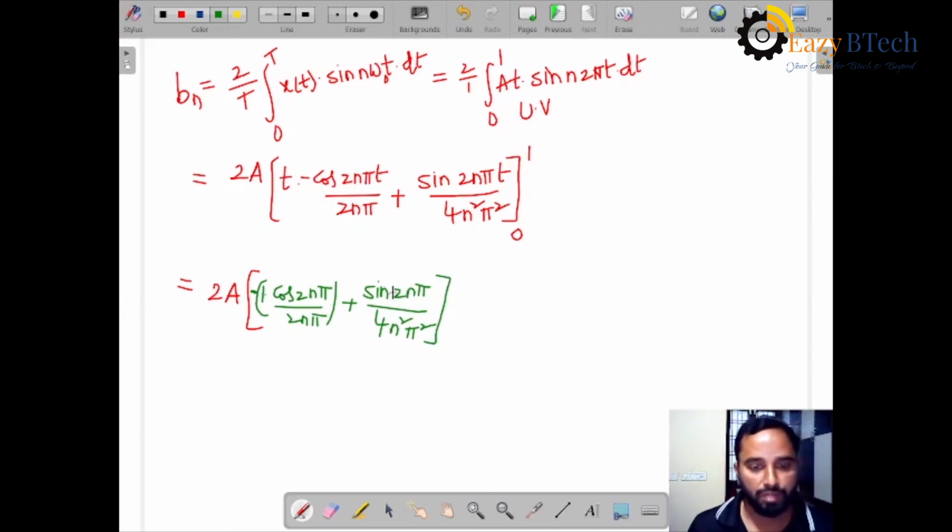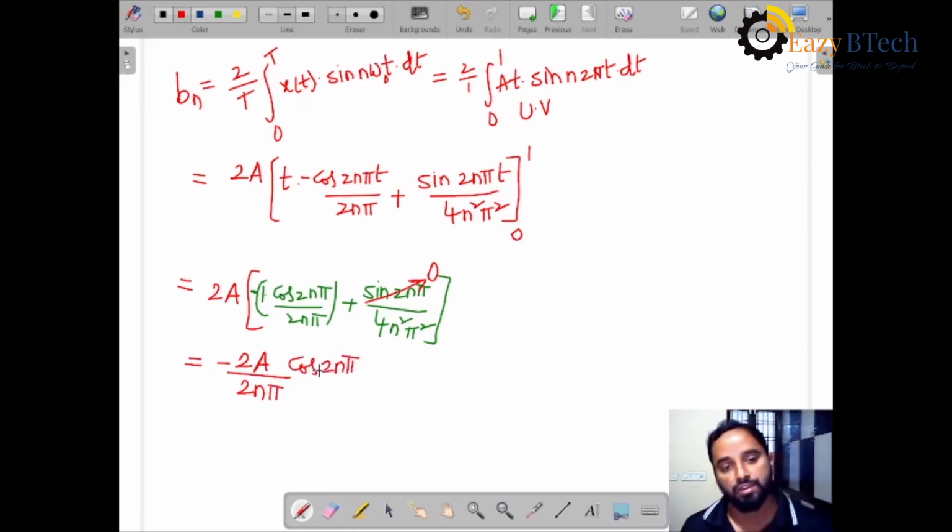Now sine 2n pi is 0, so this will be 0. Now we only have this one. So it is equal to minus 2a by 2n pi cos 2n pi.